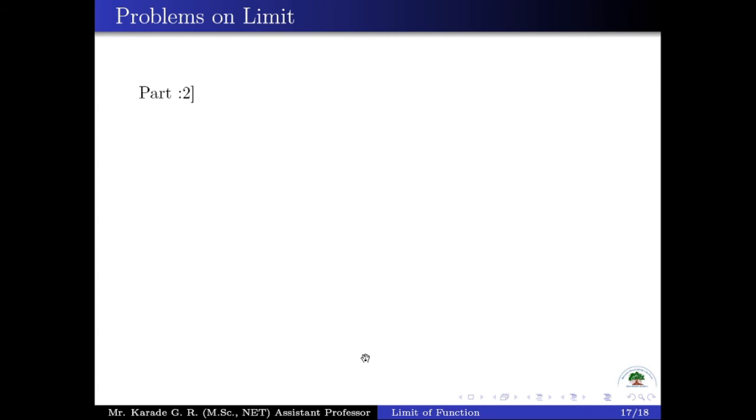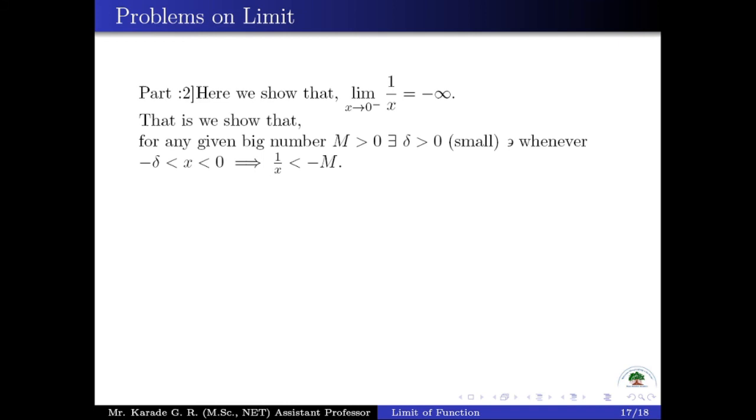Now consider the second part. In the second part we show that the limit of 1 upon x as x tends to 0 minus is equal to minus infinity. That is, we show that for any given big number m greater than 0, there exists delta greater than 0, delta is very small, such that whenever x is greater than minus delta and less than 0, this must imply 1 upon x is less than minus m.